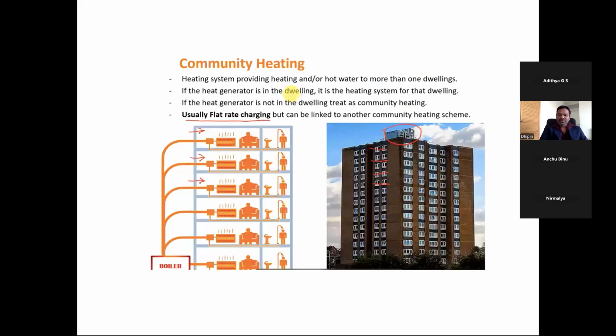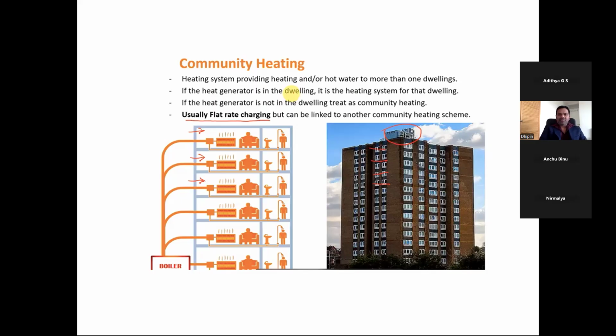Community heating is something different from the houses that we have seen. It's more of an apartment community building where we have a common heating for all the houses. Though the apartment will have a specific energy meter for the heating that they do inside the wall, there will be a common space area wherein the energy bills are shared across all the residents in the particular building.